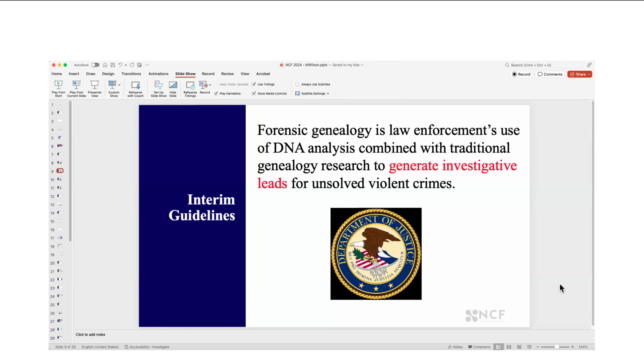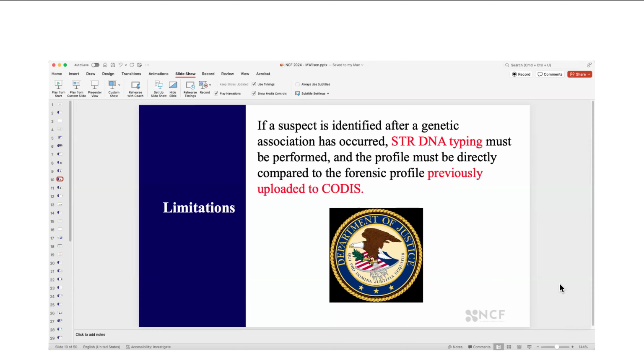Not all crimes. Typically now property crimes are not included. So it's rape, violent sexual assault, homicide. So here's another statement. If a suspect is identified after a genetic association has occurred, then the traditional typing markers come in, the STR DNA typing.